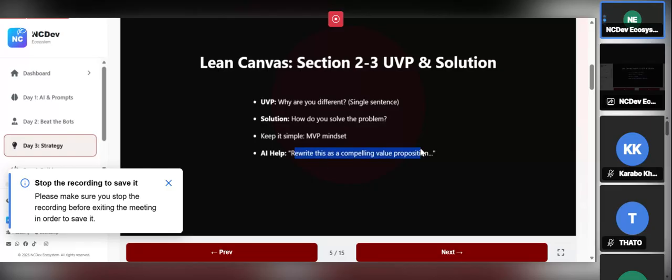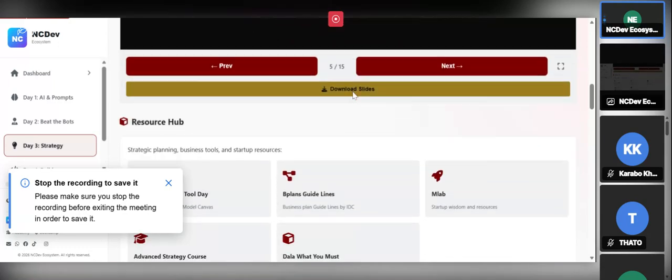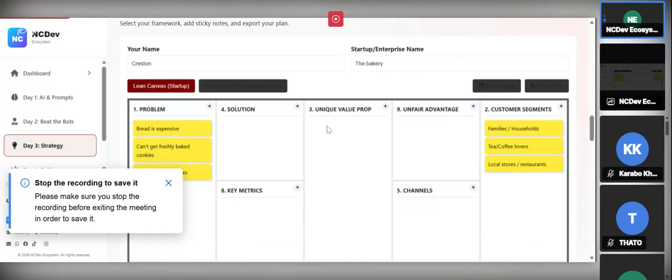You can ask the AI to help you rewrite your unique selling proposition and make it more compelling. So your unique value proposition, what makes you different, right?